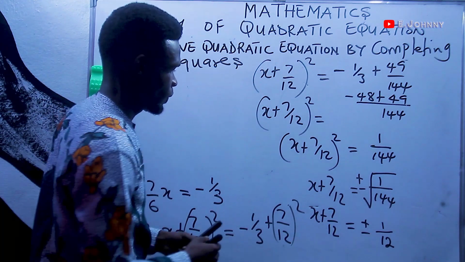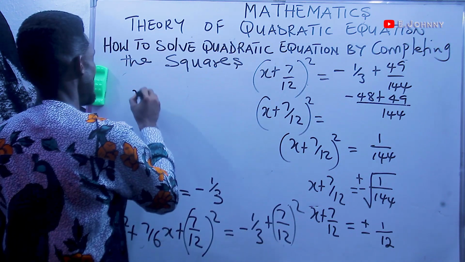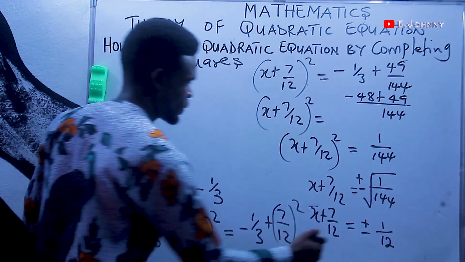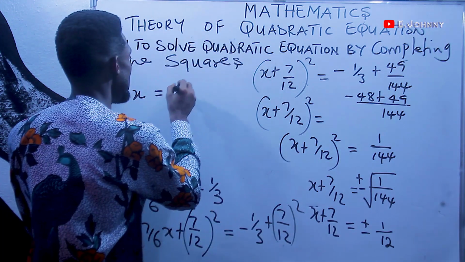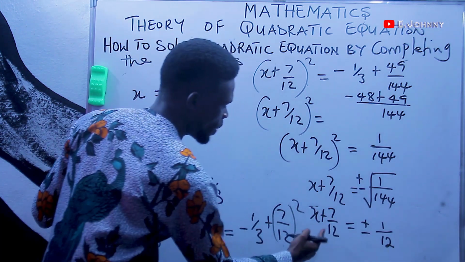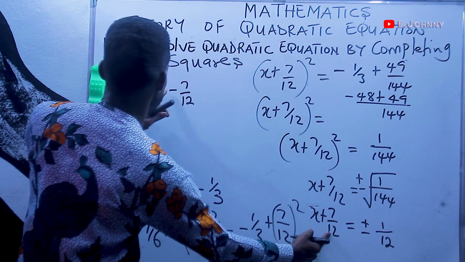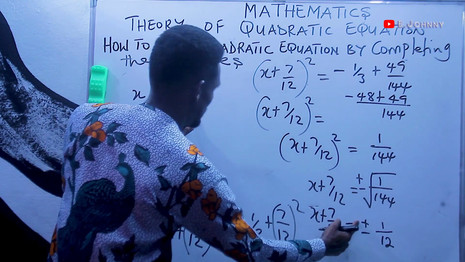Okay, this is x. Look at it here. x equals, I want to collect like terms. Plus 7 over 12 will move to become minus 7 over 12. Then plus or minus, remember, plus 7 over 12 has moved to become this.